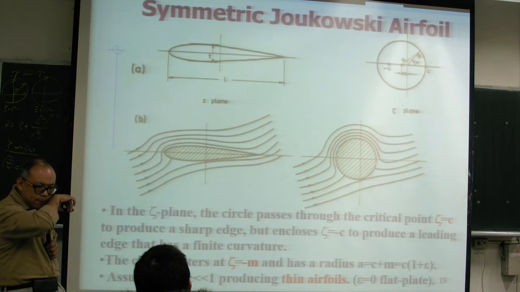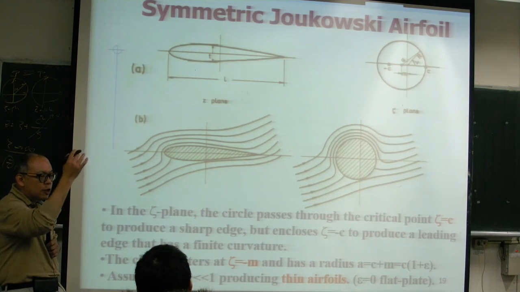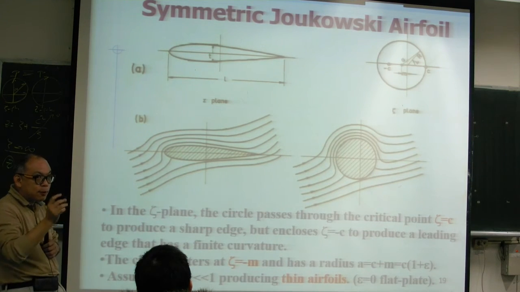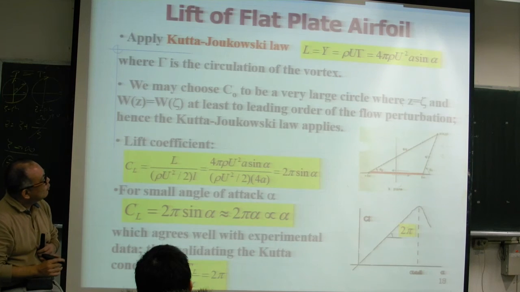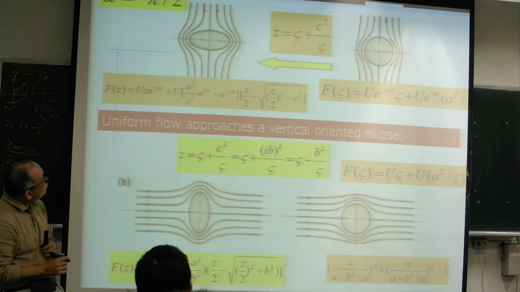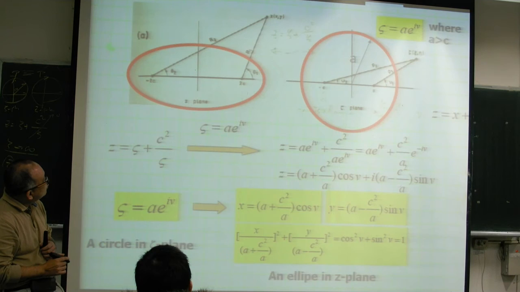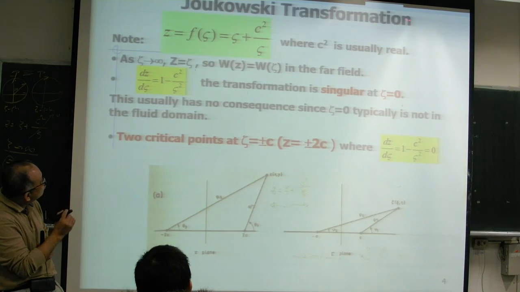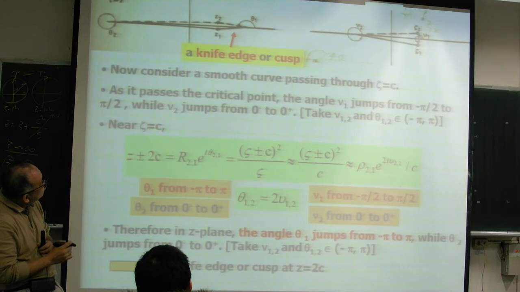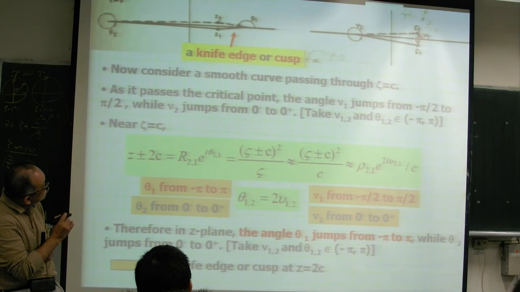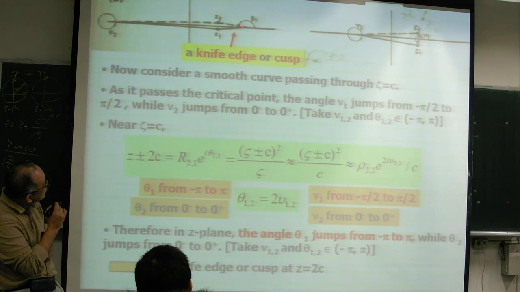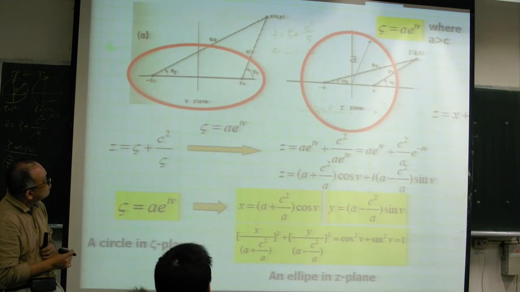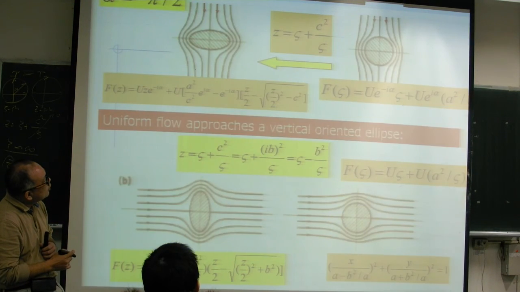And as you remember, when our smooth curve passes through the so-called critical point, what happened? We will generate a cusp. If you remember, we talked before about the very interesting phenomenon of the so-called Ch4 transformation. When the smooth curve passes through the critical point here, you will generate the so-called cusp or knife edge. So that is a very similar thing to what we did here.